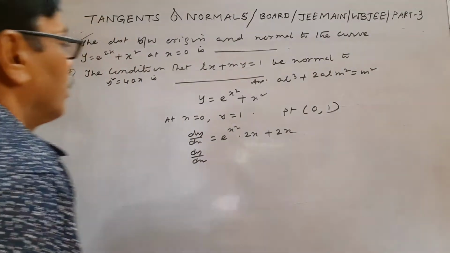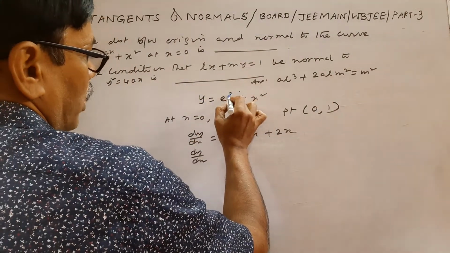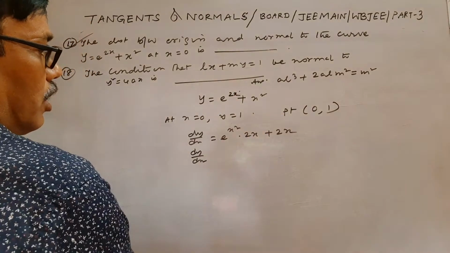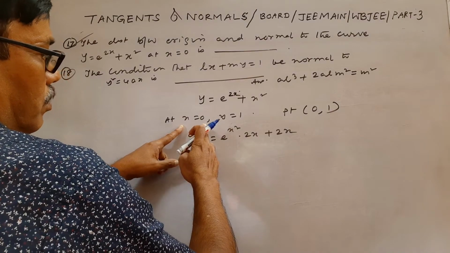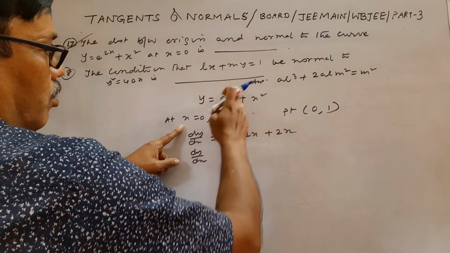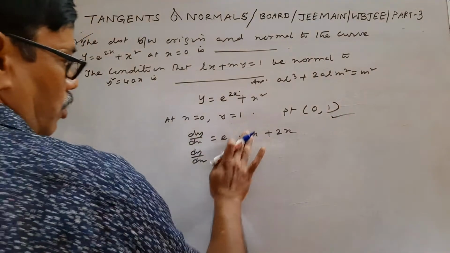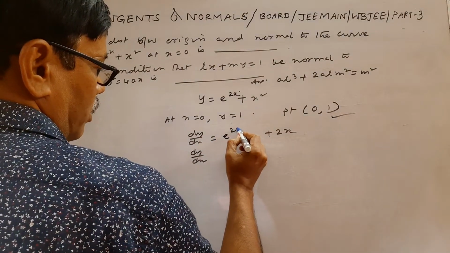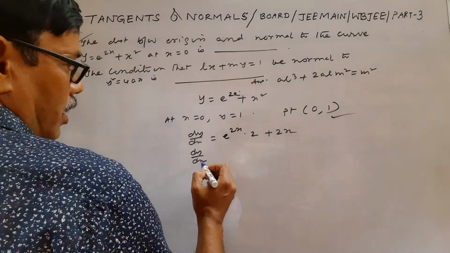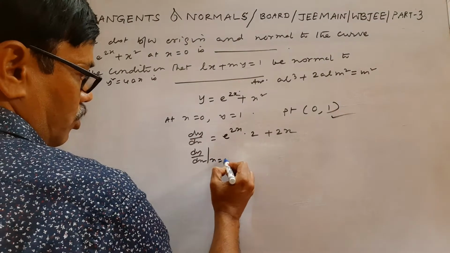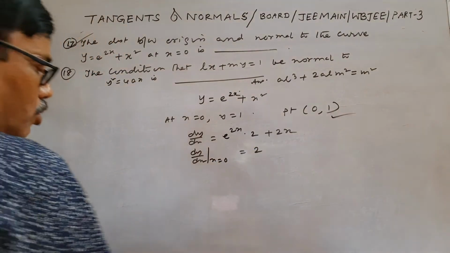Look, the curve is not e to the power x square. The curve is e to the power 2x plus x square. Sorry. So at x equals 0, e to the power 0 is 1. So the point is okay. So dy dx is e to the power 2x into 2 plus 2x. Then dy dx at x equals 0 is 2.